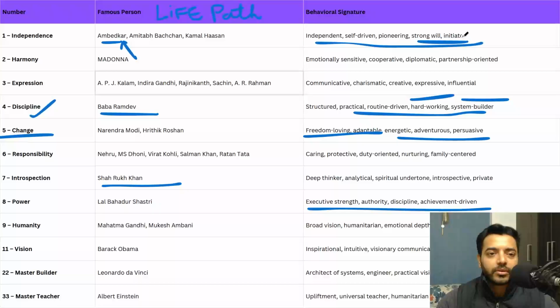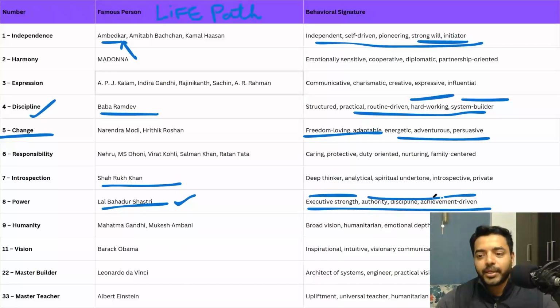He initiated that whole constitution, right, of India. Similarly, number 4 we just discussed, Baba Ramdev. He's structured, he's very hardworking, he's a system builder, and he's routine driven. Right. Let's say number 8. Number 8 is about authority. It's about executive strength. Lal Bahadur Shastri was about executive strength, authority, discipline, and achievement driven.